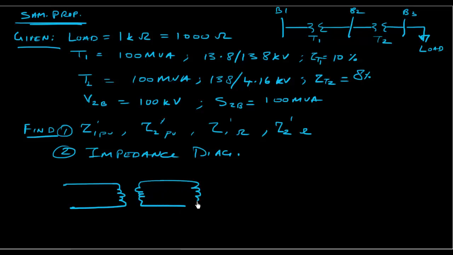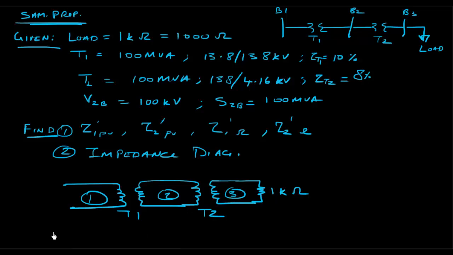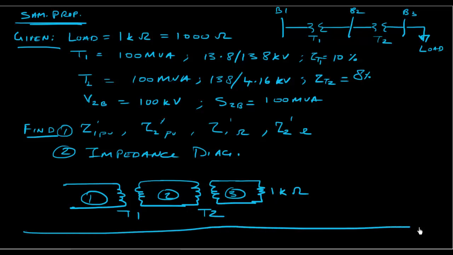So that 3-bus system that I've shown you there can just be drawn like this. So this is your load of 1 kilo ohms. That is your T2. That is your T1. This is your circuit 1, circuit 2, circuit 3. So this should make it very clear and very simple for you to solve this.